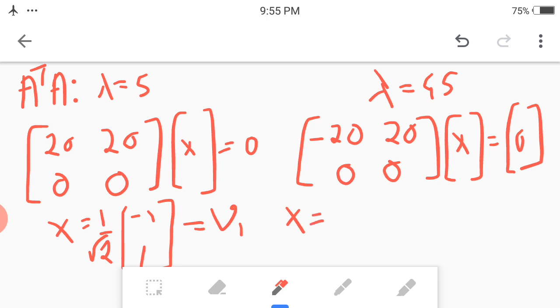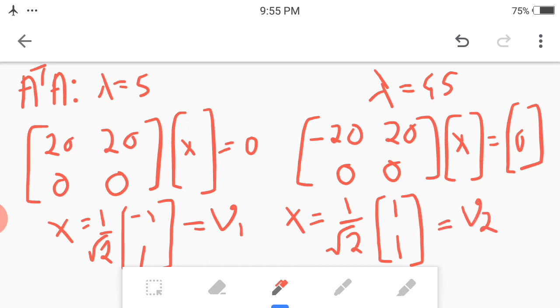Again, your x is 1 and 1. If you orthonormalize it, 1 by root 2, 1, 1, which is V2. Now there are two methods of finding U. Let's use the matrix, the lambdas, to find the vectors U. The other method is using the equation. We will solve both the methods and we'll see we get the same answer. So let's use the matrix, that is A A transpose.